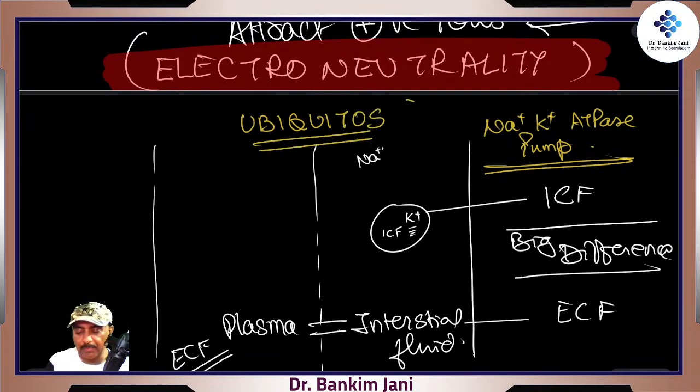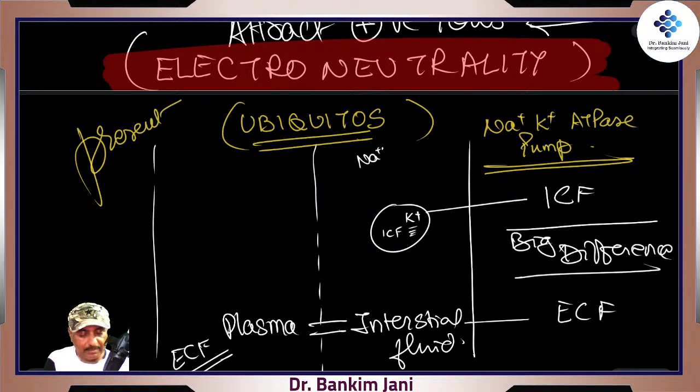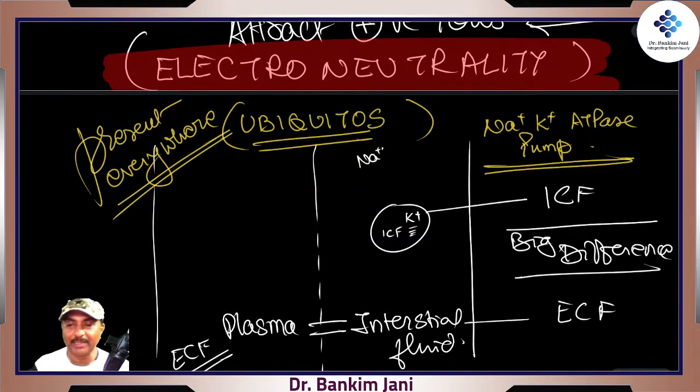Ubiquitous means this pump is present everywhere. It is like aloo, right? Go anywhere in the world, you get the aloo. So that's why aloo is ubiquitous. So this sodium potassium pump, anywhere in the body you go, you will always find it, always there and working continuously.